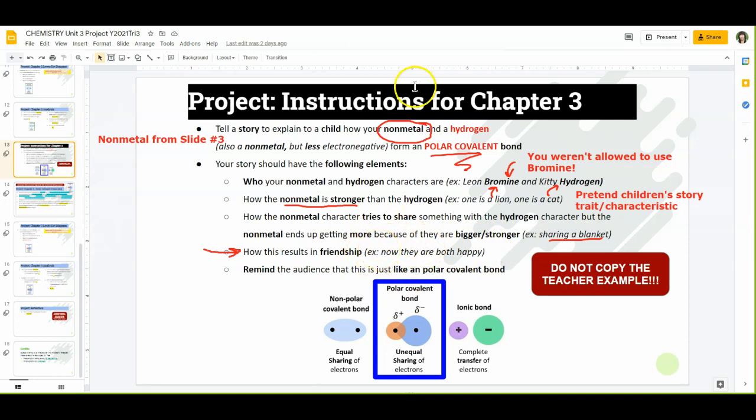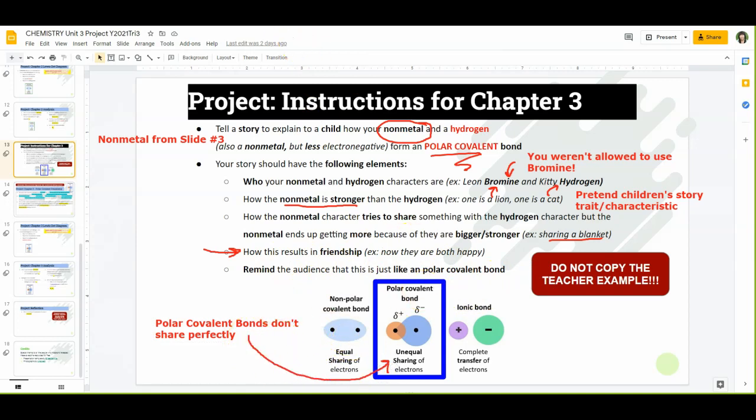Just remember that the idea of polar covalent bonds is they don't share perfectly, right? So polar covalent bonds don't share perfectly. So again, this is an analogy for how this is like a polar covalent bond. And you can see here that we have an unequal sharing of electrons, right?